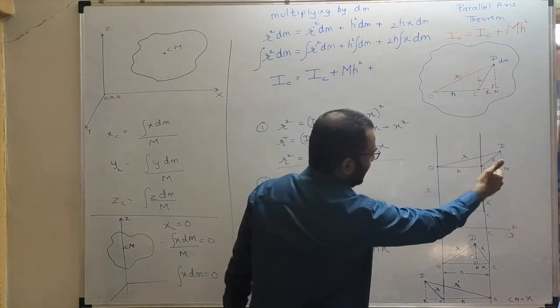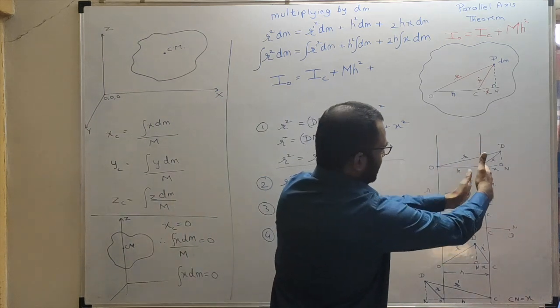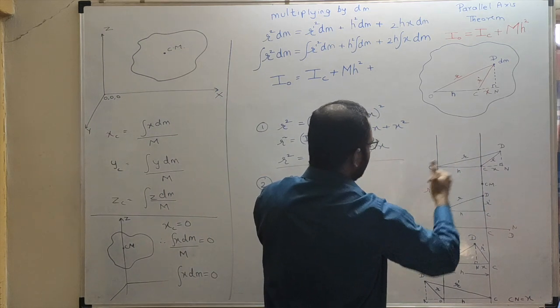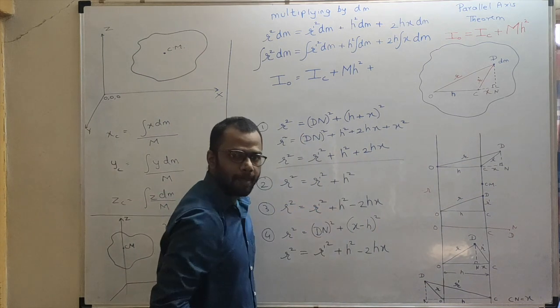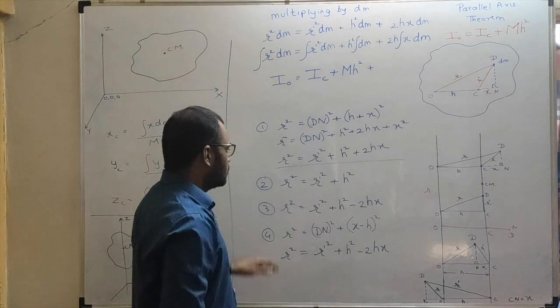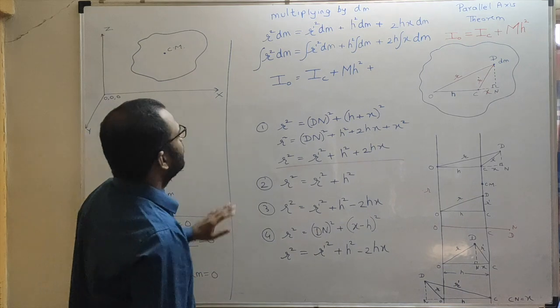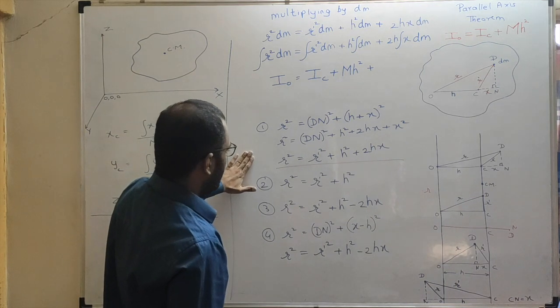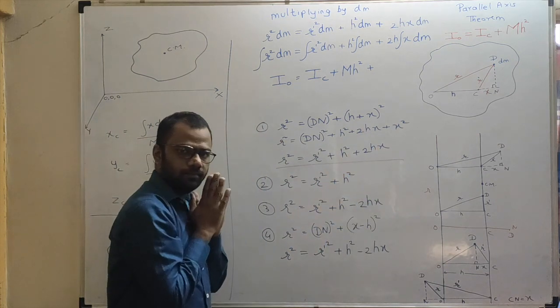If X is on the left hand side, the X distance, then this will automatically become minus. Fine. So that means this equation will always hold. We'll say that this equation works for each and every particle.